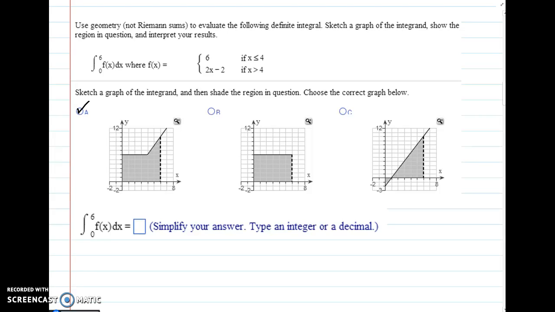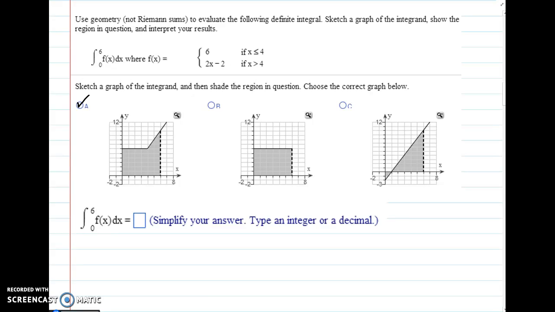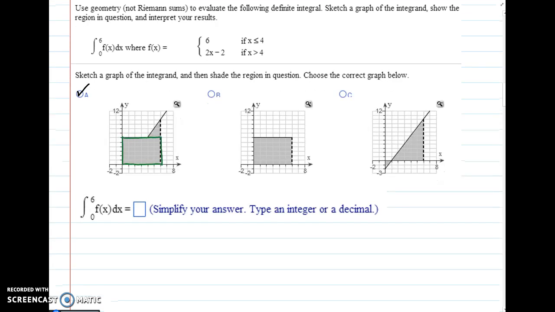So if you look at the graph, obviously you can see this does give us geometric shapes that we can figure out. It looks like we've got a rectangle down here that is 6 units wide and 6 units tall, so its area is 36. And then we have a triangle on the top. Okay, so we've got to figure out our triangle.